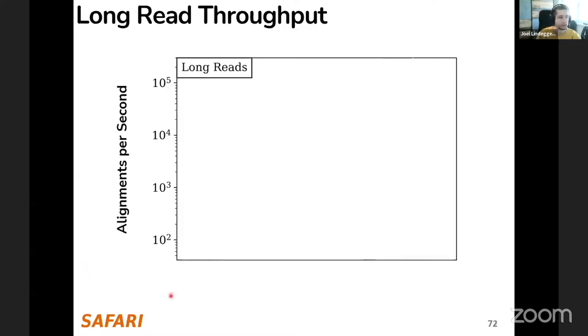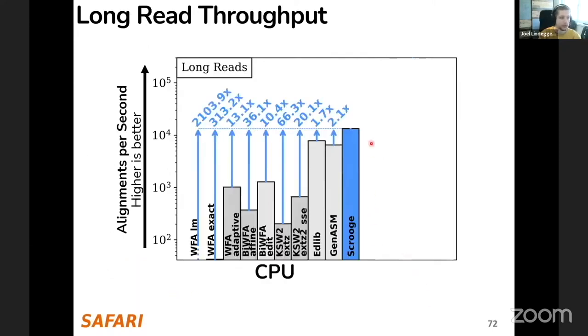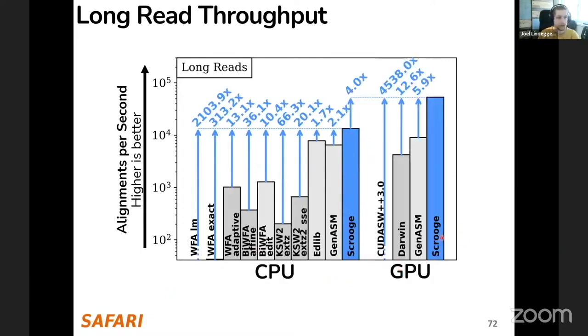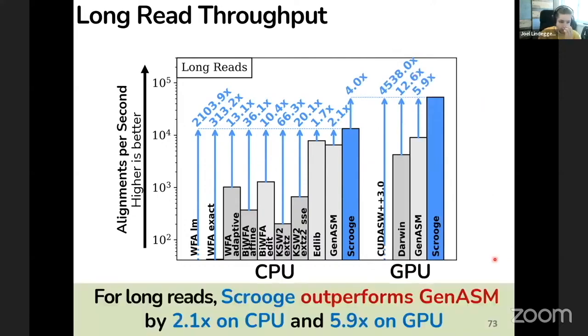So we plot long read throughput, higher is better. Y-axis is alignments per second. And we observe that on the CPU, Scrooge here in blue outperforms all CPU baselines. And on GPU for long reads, also Scrooge outperforms all baselines as well. In particular, it outperforms GenASM by 2.1x on CPU and 5.9x on GPU.